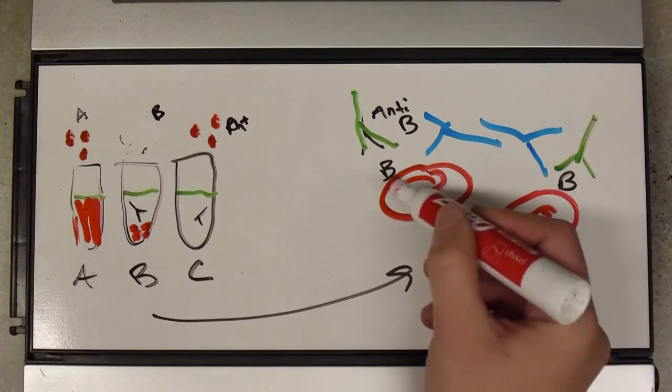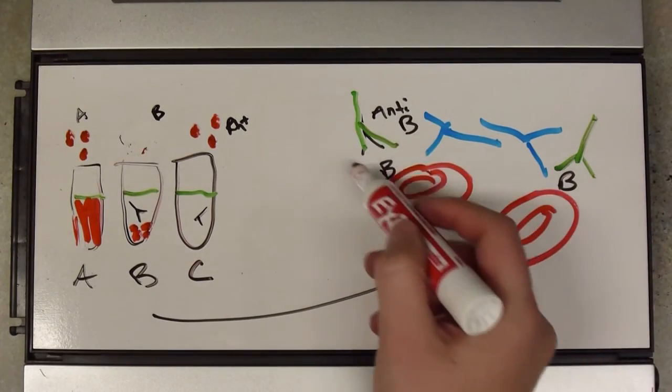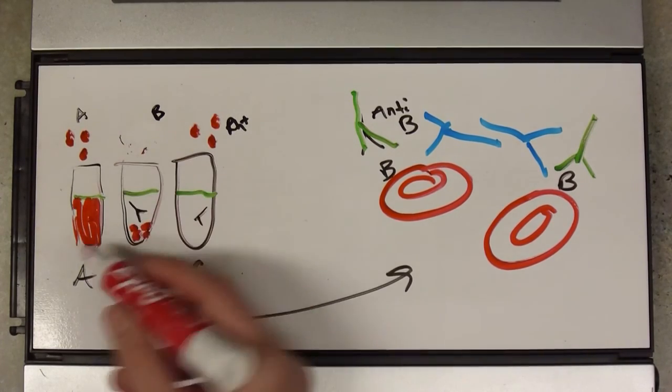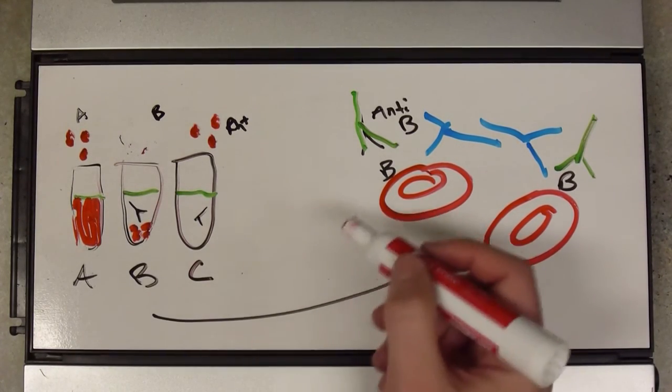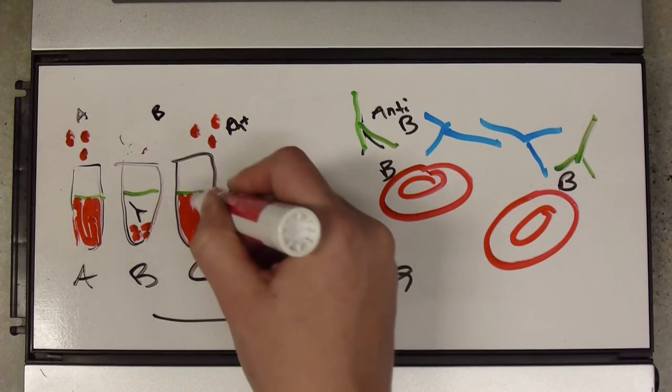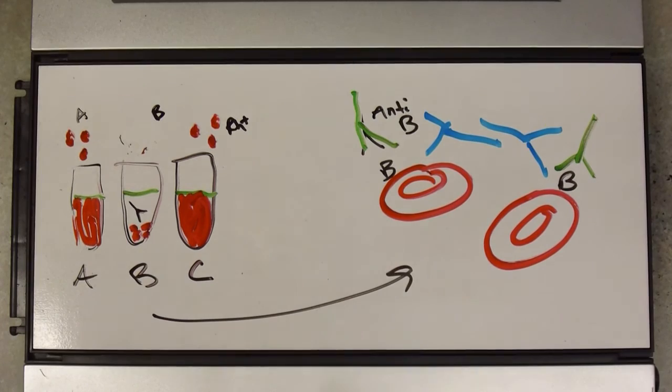But the person doesn't have anti-A in their serum, so the A positive blood cells are going to just stay suspended. And the person doesn't have anti-RH, so those are going to stay nice and suspended too. So can you figure out what blood type that is?